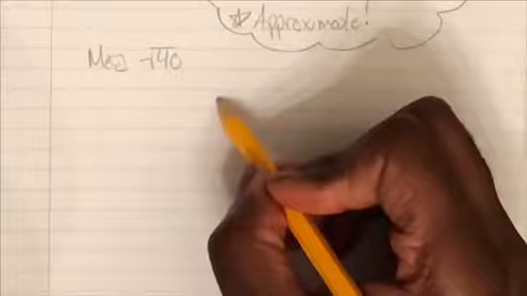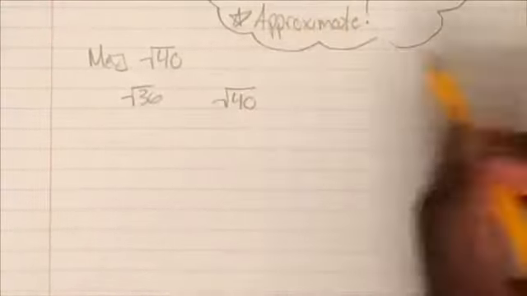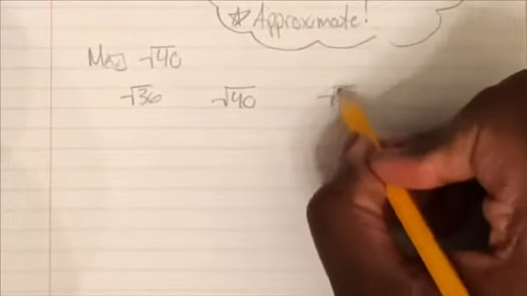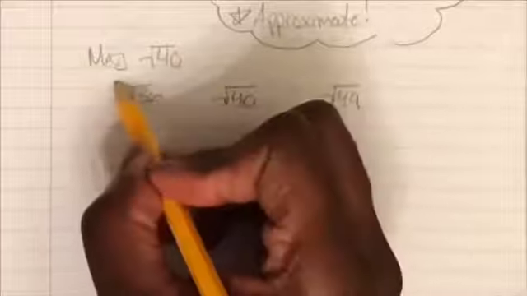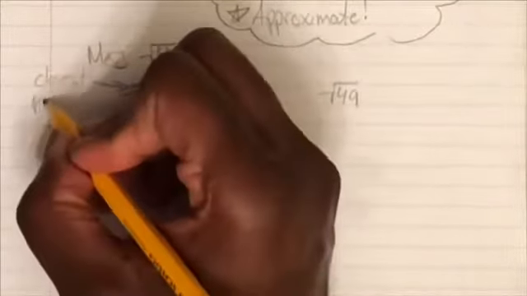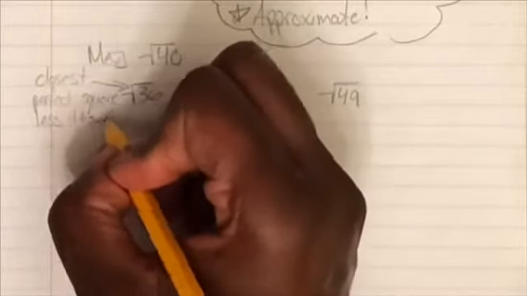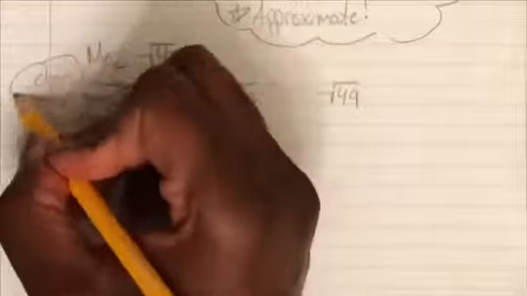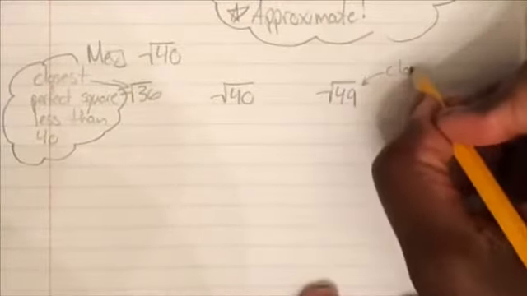We're going to get ourselves a quick scale to put it on, and we're going to look on the left side of 40 and the right side of 40 and look for two perfect squares. Now 36 will be our closest perfect square that is less than 40. Remember, a perfect square is the product of a number times itself, and the square root of 36 is 6.